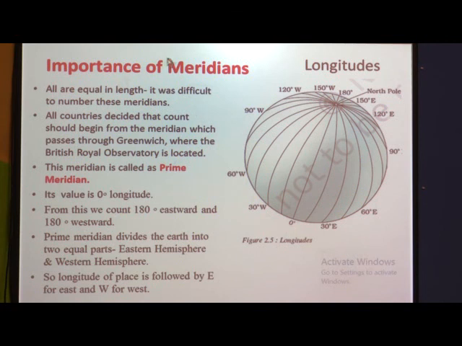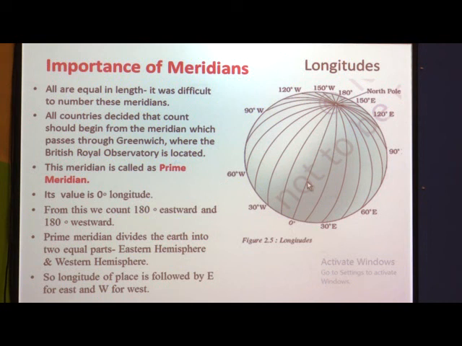So this was the importance of the meridian. This 0 degree meridian is called the prime meridian. From here our count starts. Again we count 180 degree eastwards, and again we count 180 degree westwards, and this is called the eastern hemisphere and this is called the western hemisphere.